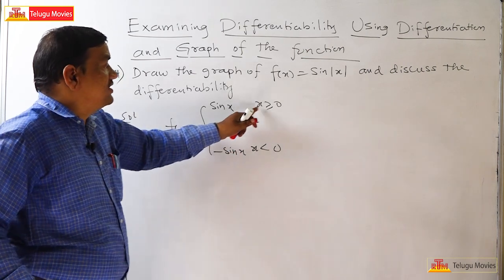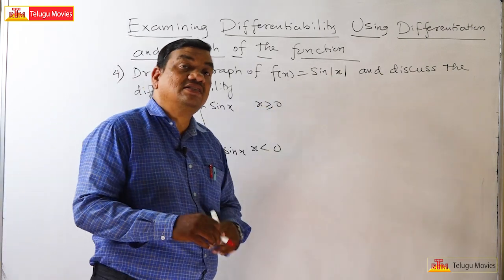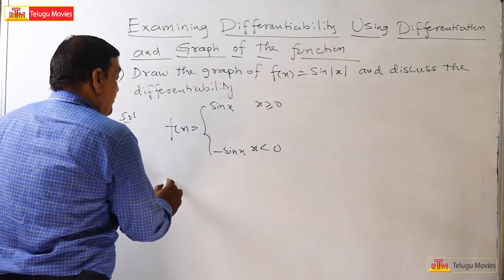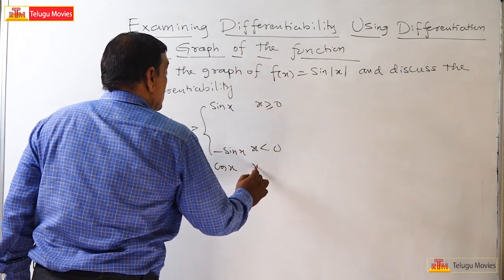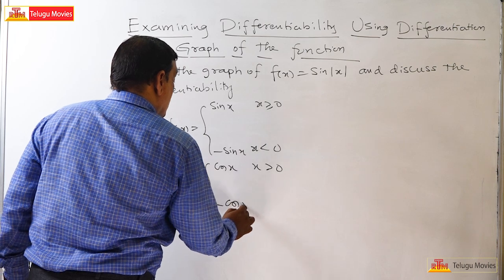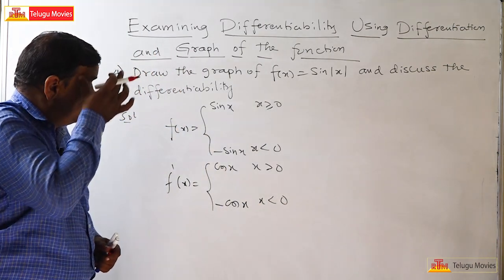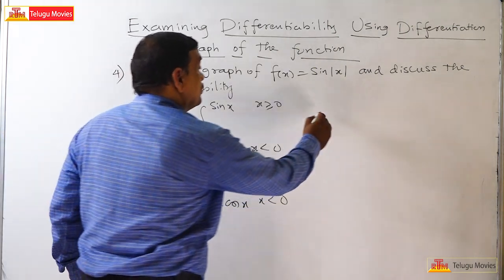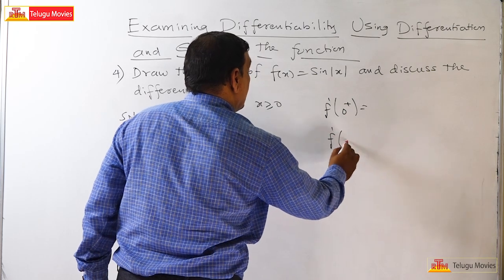Okay now, if x is greater than or equal to 0, f of x is equal to sin x, because modulus of x is x. So f dash of x is equal to the derivative of sin x, cos x, if x is greater than 0, and minus cos x if x is less than 0. Understand? So at x is equal to 0, check f dash of 0 plus and f dash of 0 minus.